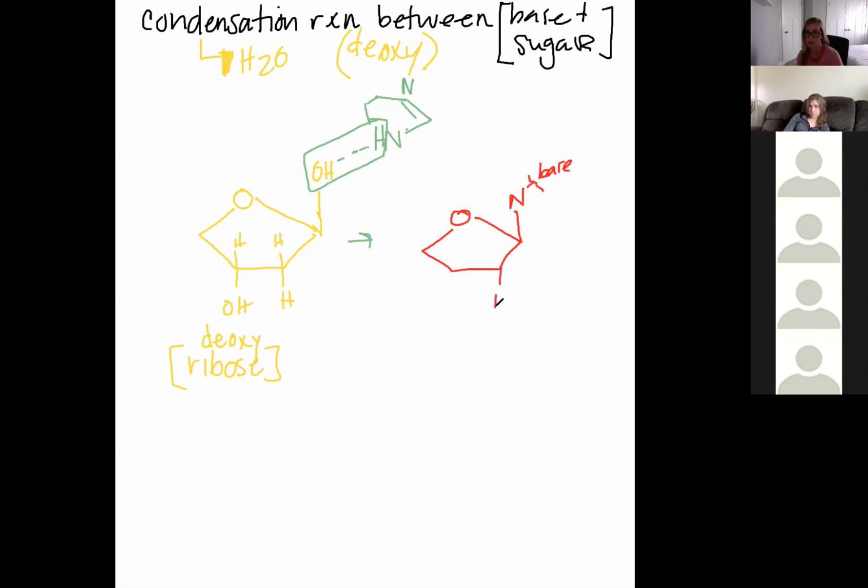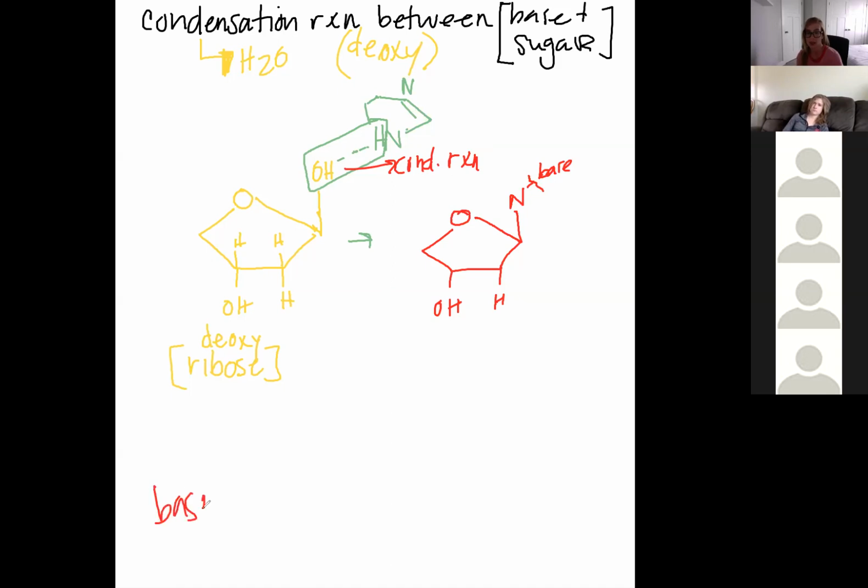Because the only thing that connected this was the original OH, but that OH was lost via a condensation reaction just to attach that N from a base, a nitrogenous base.